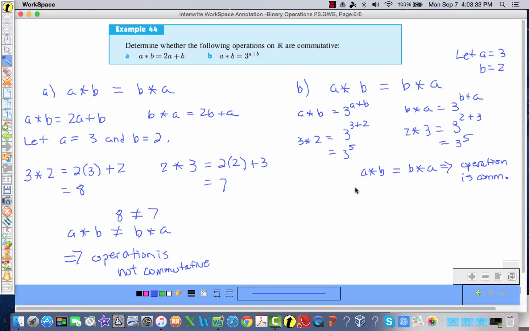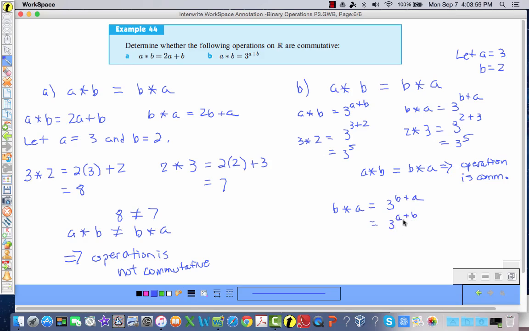The other way we could go here is b star a, we actually did this right here. Let me just rewrite it. b star a is equal to 3 to the b plus a, which is equal to 3 to the a plus b, because addition on the real number system is commutative.